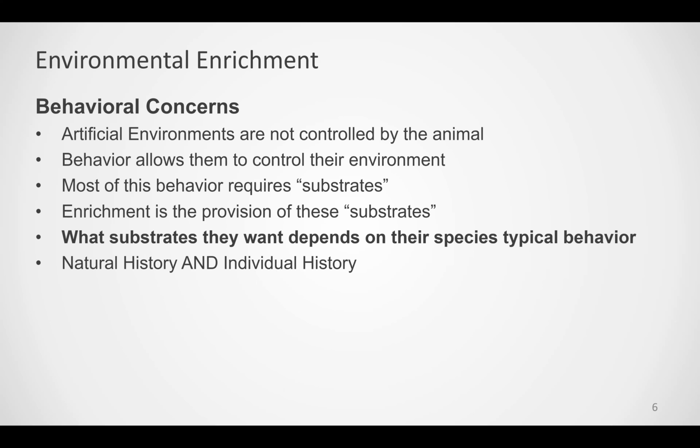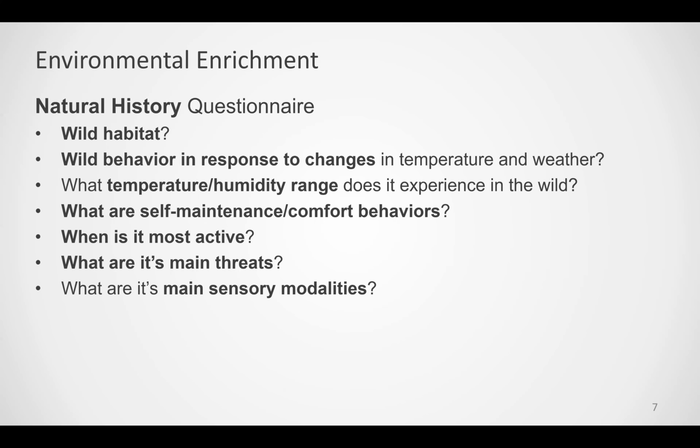The substrates that they're going to want are ones that are compatible with their species' typical behavior. So we have to look at the natural history of the animal species, and we also have to look at individual history. In natural history, the things you want to think about are: what is the wild habitat and what wild behavior occurs in response to changes, for example temperature and weather?